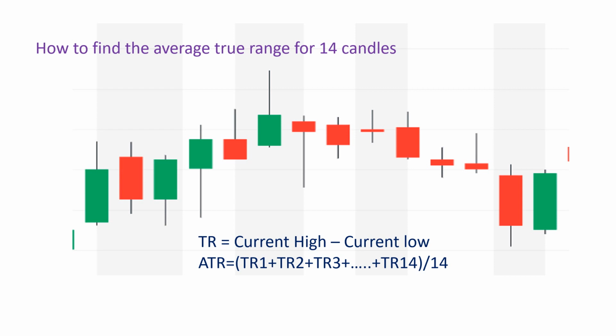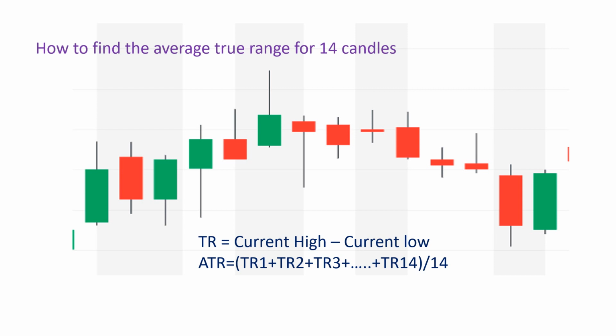And finally, third, find the sum of all the 14 true ranges by adding them up, and then divide the sum by 14, and what you find is the average true range of the 14 candles. This number shows how much on average the price has gone up or down for the duration of these 14 candles.